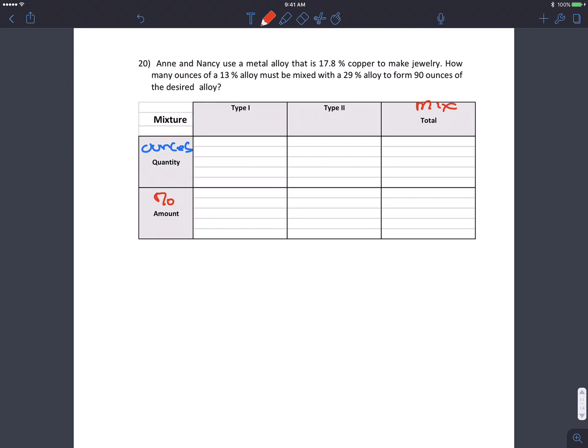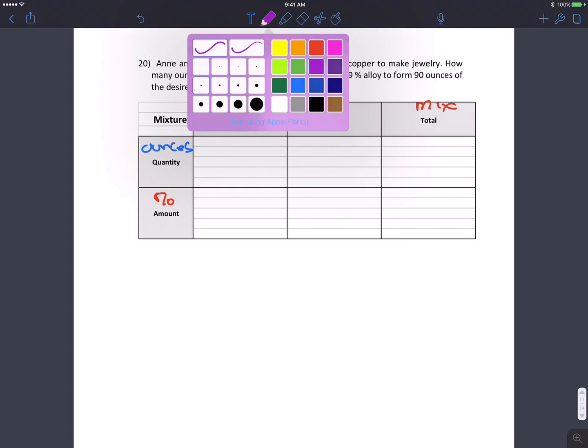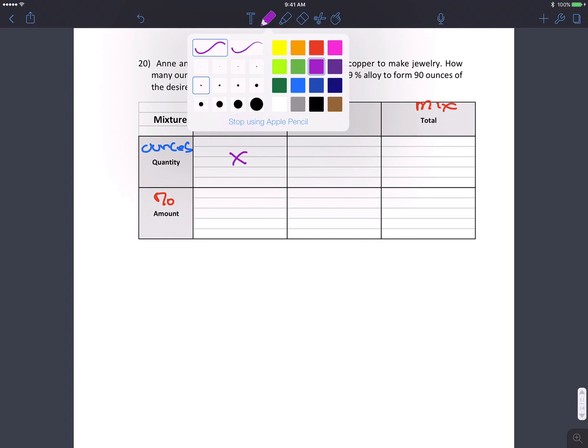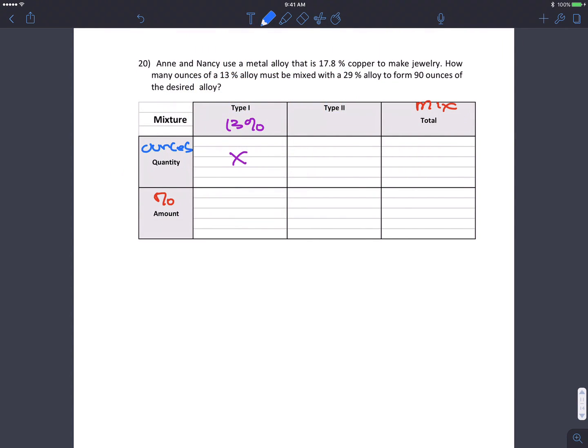Let's think about this. The next phrase is, how many ounces of 13%? Well, that's one type. How many ounces? We don't know. We're calling that X. Must be mixed with a 29% alloy. Well, that's a different alloy, so we'll color that in blue, I guess. That's a 29% alloy.